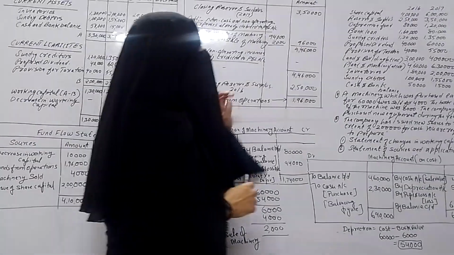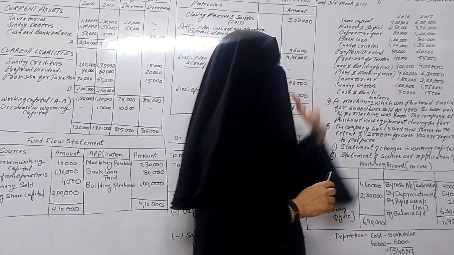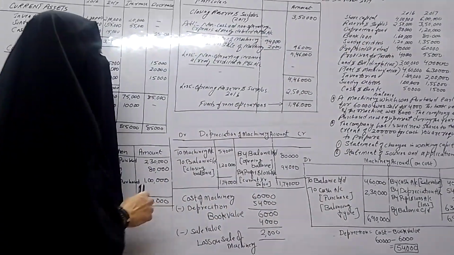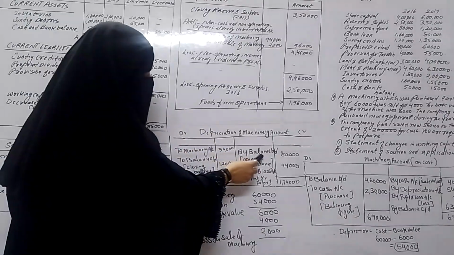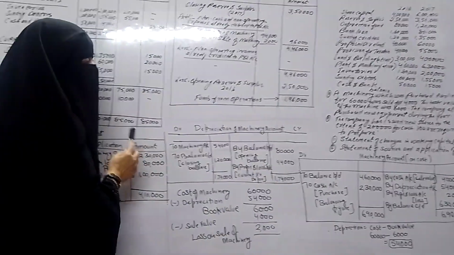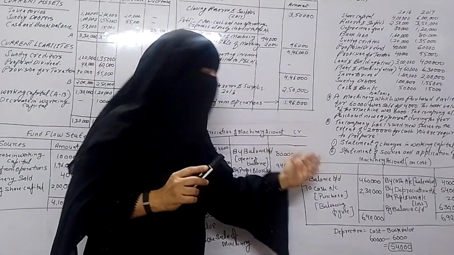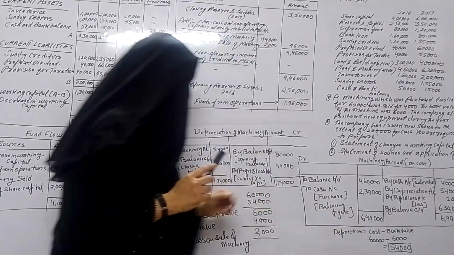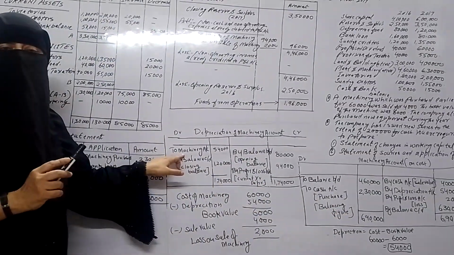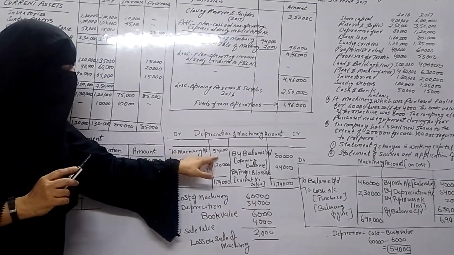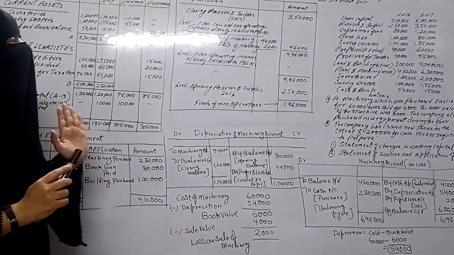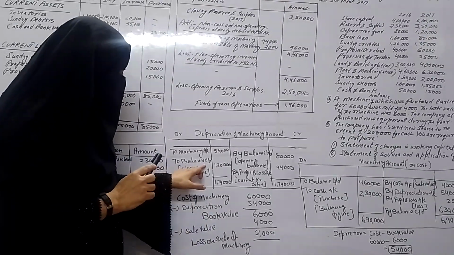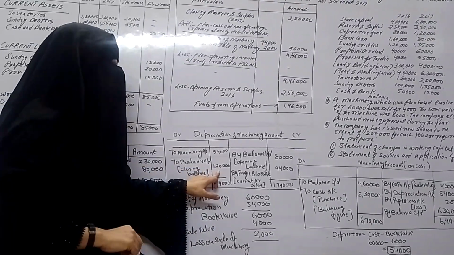In the question the depreciation fund is given. So the opening balance of depreciation comes on the credit side, 80,000, and the machinery sold, 54,000, we write on the debit side, to machinery account 54,000, and closing balance of depreciation on the debit side 1,20,000.